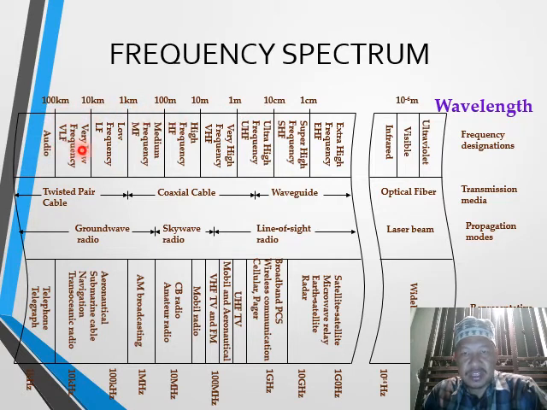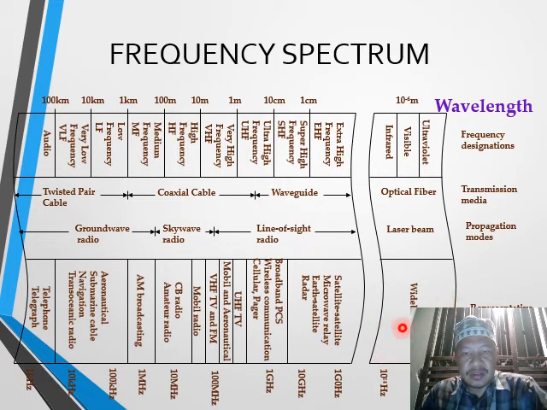On the other side, we have frequency in the unit of hertz, which you already know: hertz, kilohertz, megahertz, gigahertz. So for wavelength and frequency designation, we have ultraviolet, visible, infrared, and extra high frequency, super high frequency, and so on and so forth.